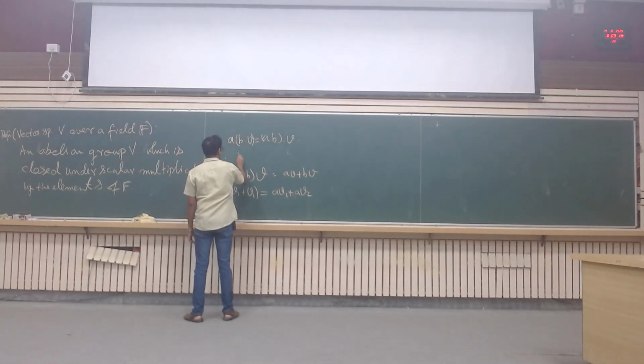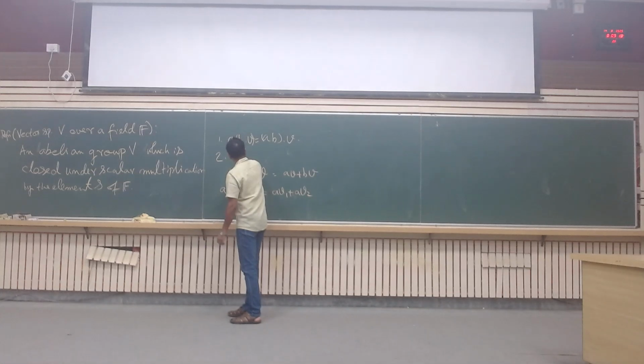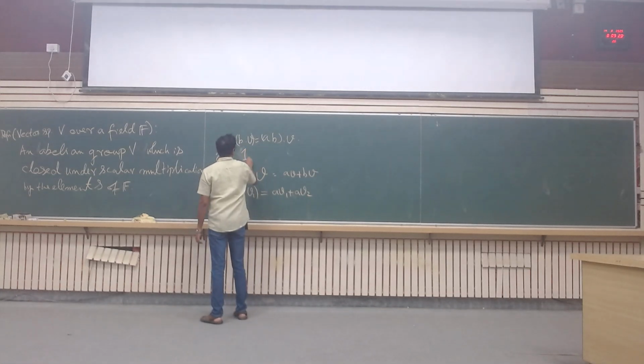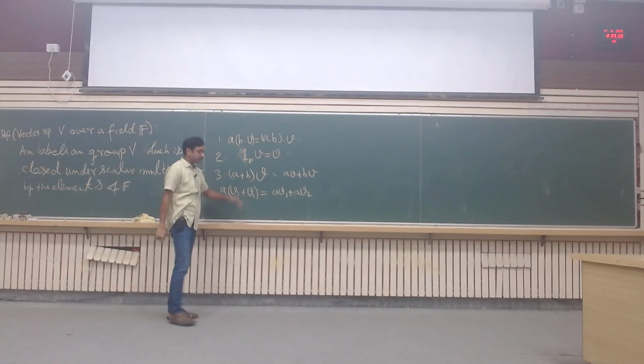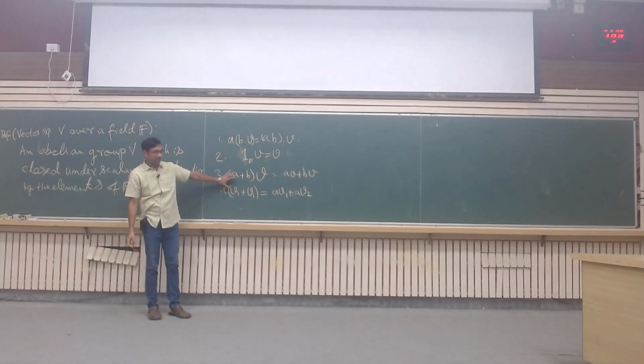The second one is that 1_F, that is 1 in the field F, times v is v, and the third is this property. This is a full axiom, and this cannot be deduced from these two.